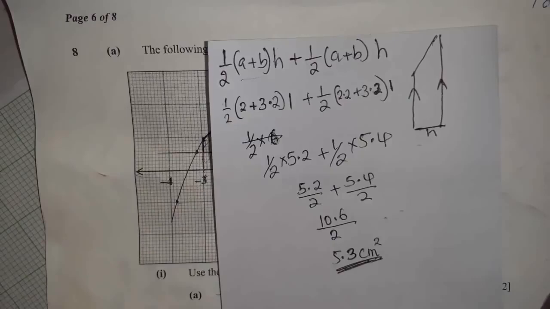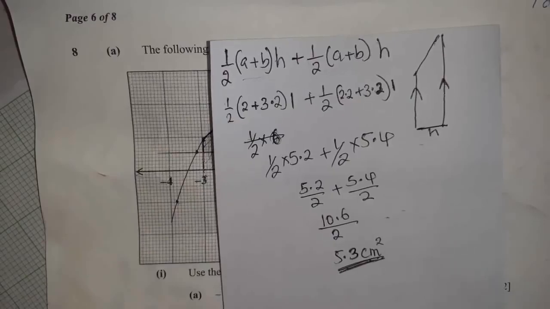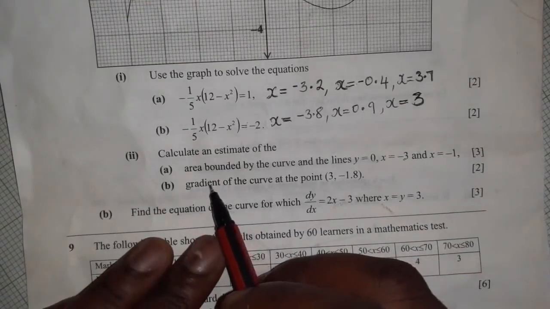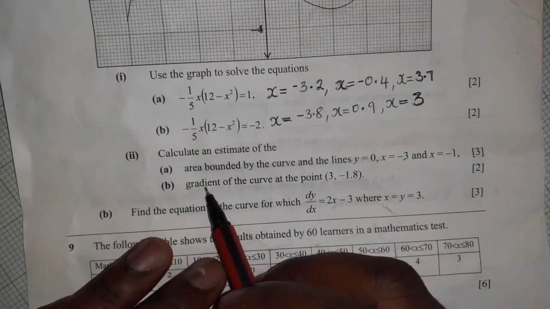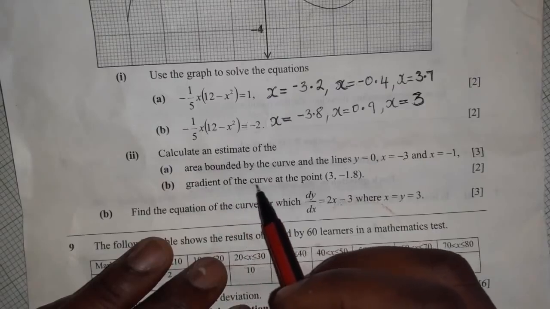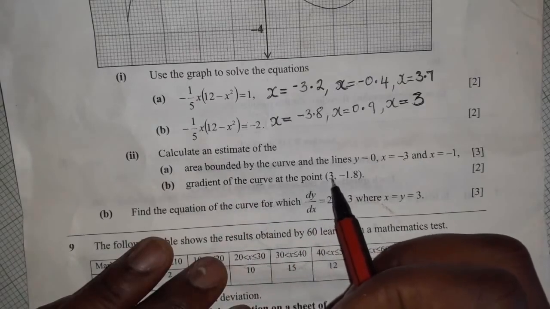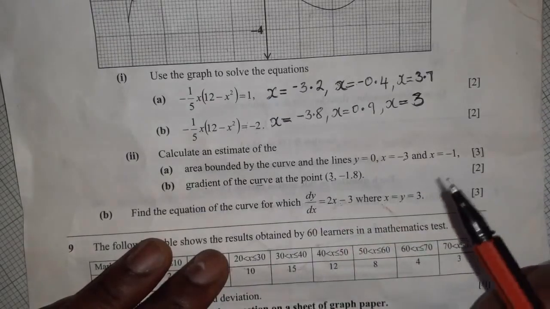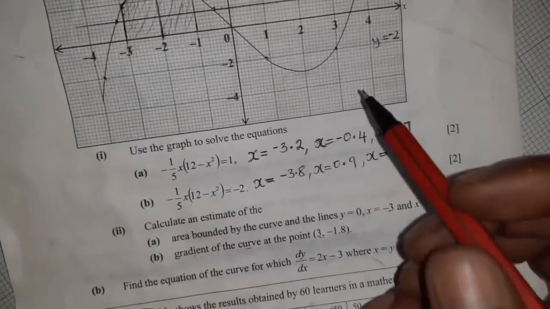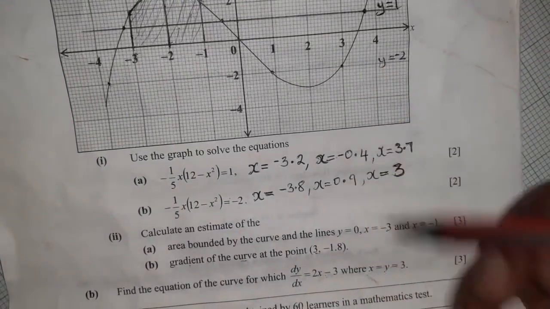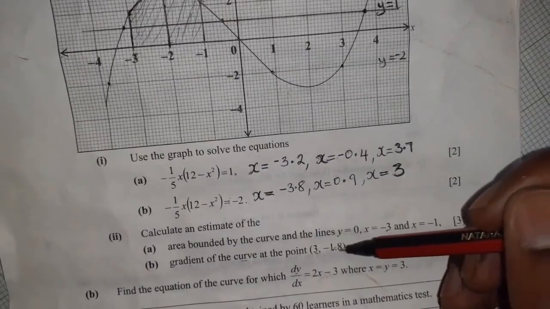Okay, so let's see the next one. Then we come to this one. So we say now, estimate the gradient of the curve at the point 3, 1.8.